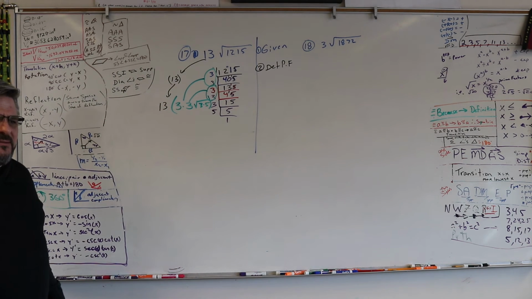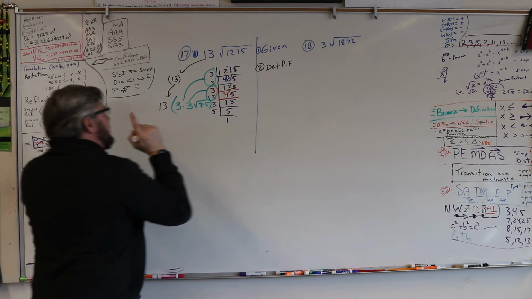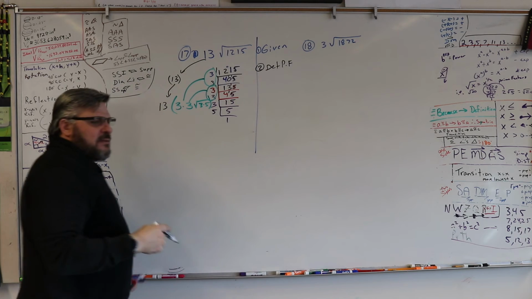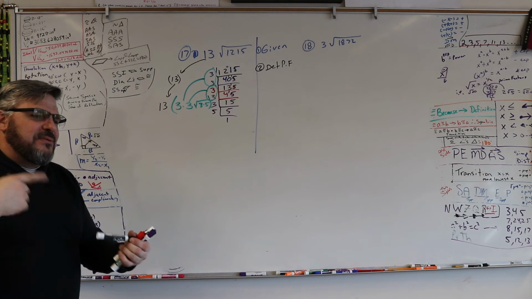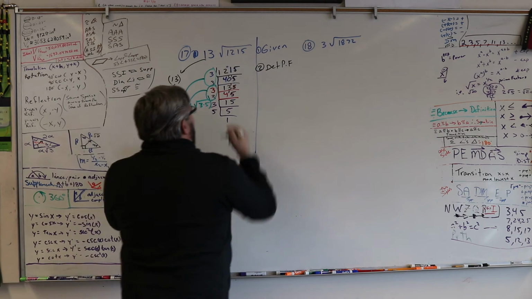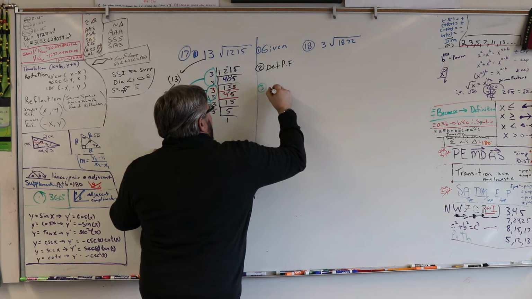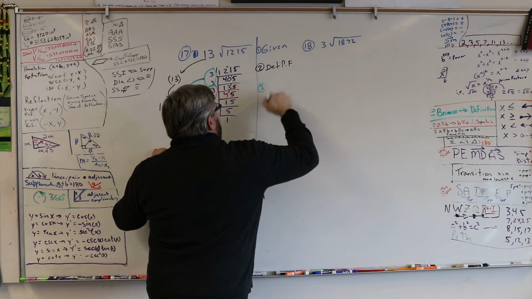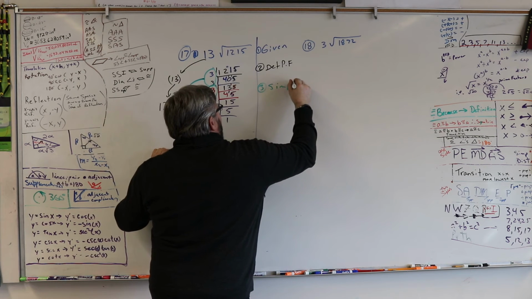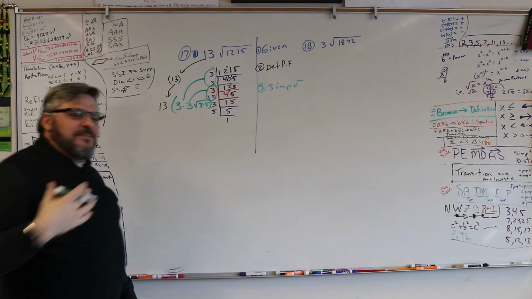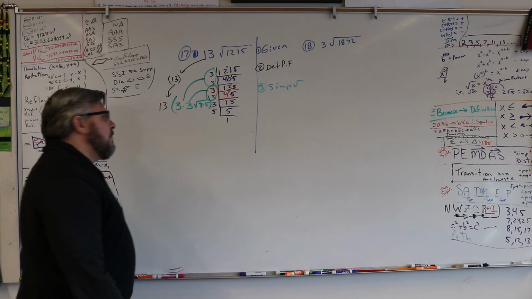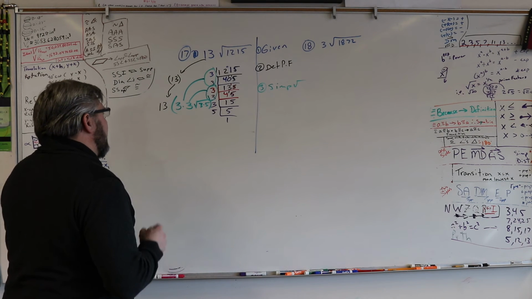Does that make sense? So what we just did after, when we took these 3's out, is we simplified the radical. Okay? So that green part is simplifying the radical. And if you want to start writing radical instead of radical simplifying, whatever floats your boat. Right? Okay.